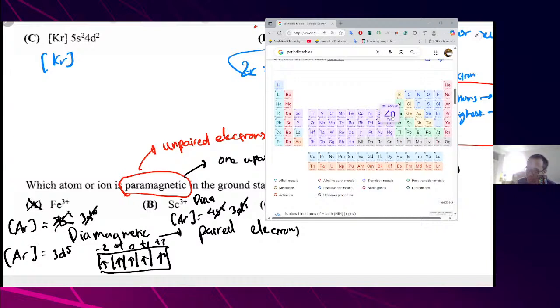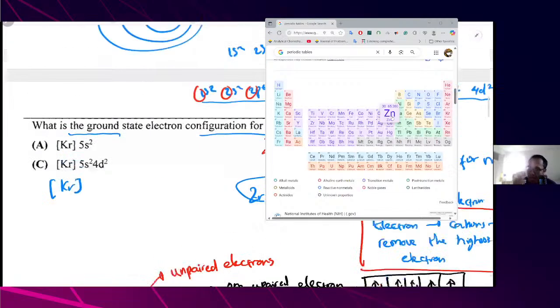Then we remove 2 from the highest energy level, the 4s, so we only have 3d10. Okay, 3d10 is fully paired, so it should be diamagnetic.